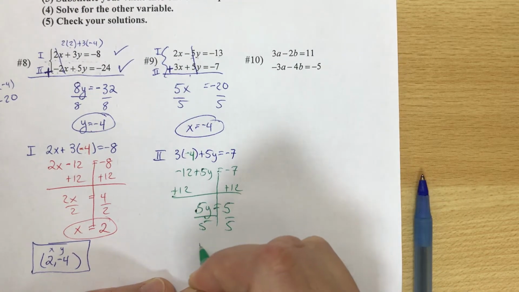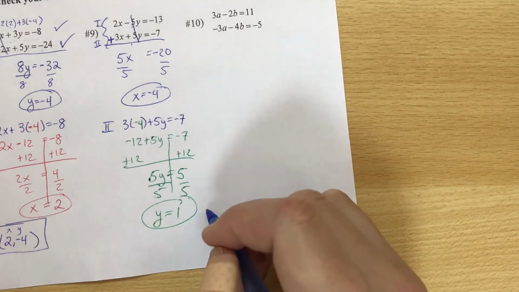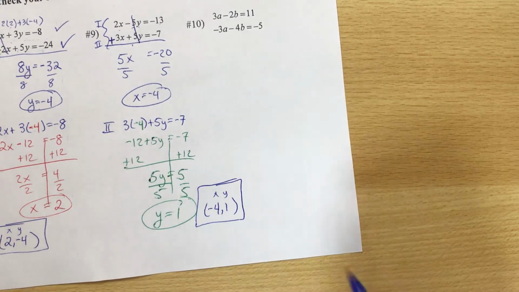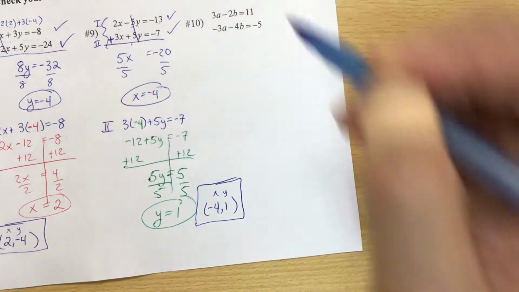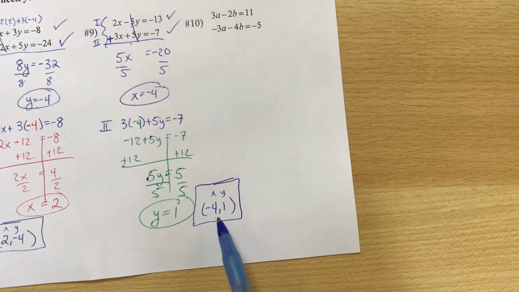Divide by 5, y equals 1. Okay, so we've got negative 4 comma 1 looks like the answer. And if I check, I'm just doing this in my head right now, both of these are going to work. Both equations are true. That means this is the solution right there.